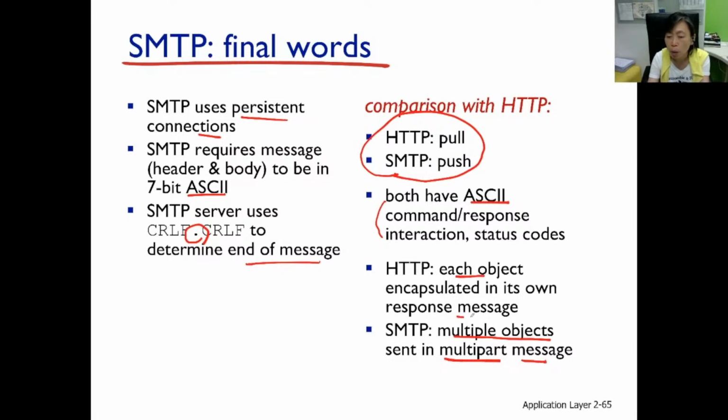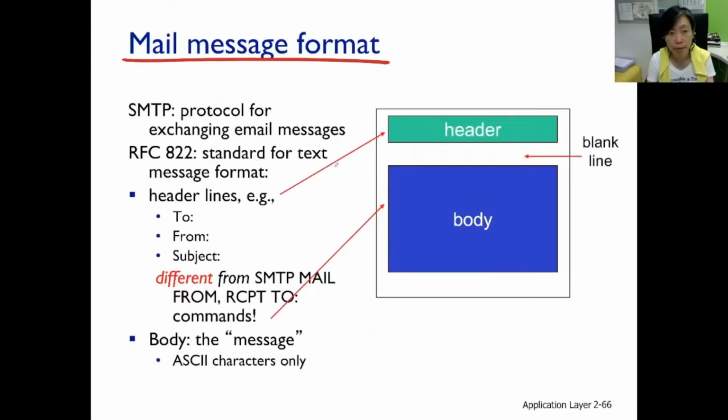One object, one message. Mail message format. There's yet another protocol that defines how the email messages should look. This will be the data part of the SMTP message exchange. If you recall the example earlier, there's the opening phase, some control messages being sent, and then comes the actual data before closing.